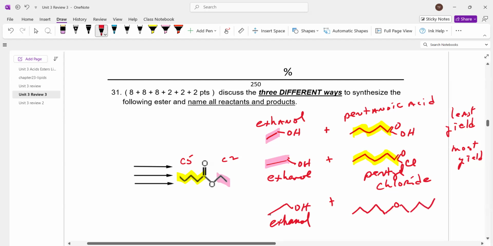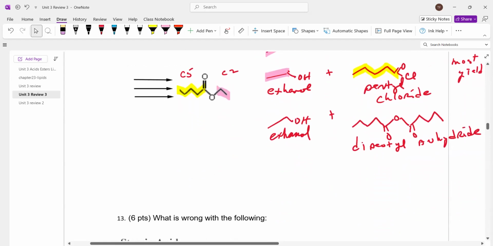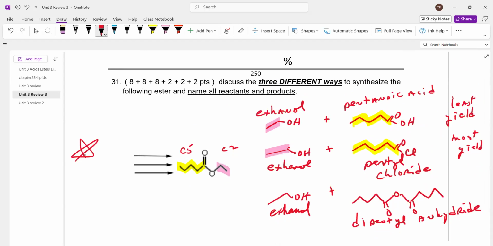One, 2, 3, 4, 5. And that would be dipentyl anhydride. And I've seen anhydride spelled with 2 N's and 1 N, so use whatever version you want. Okay, so make sure you know this guy. That would definitely be on the test.